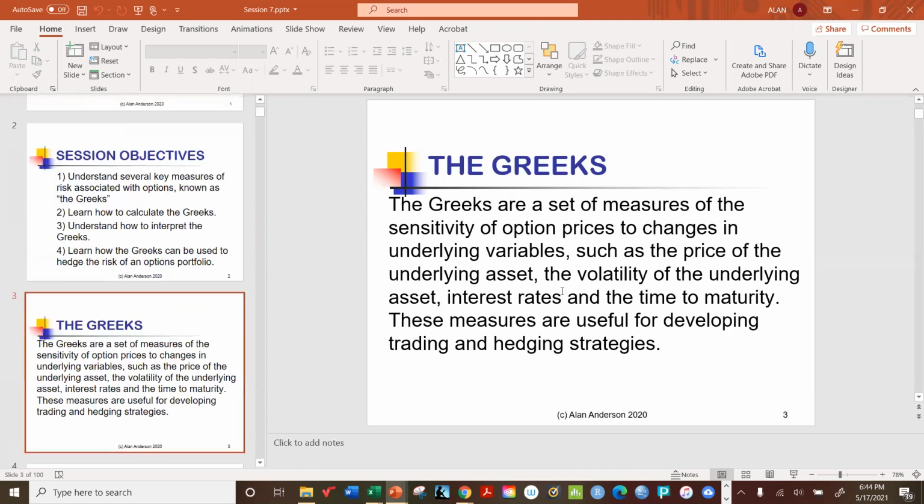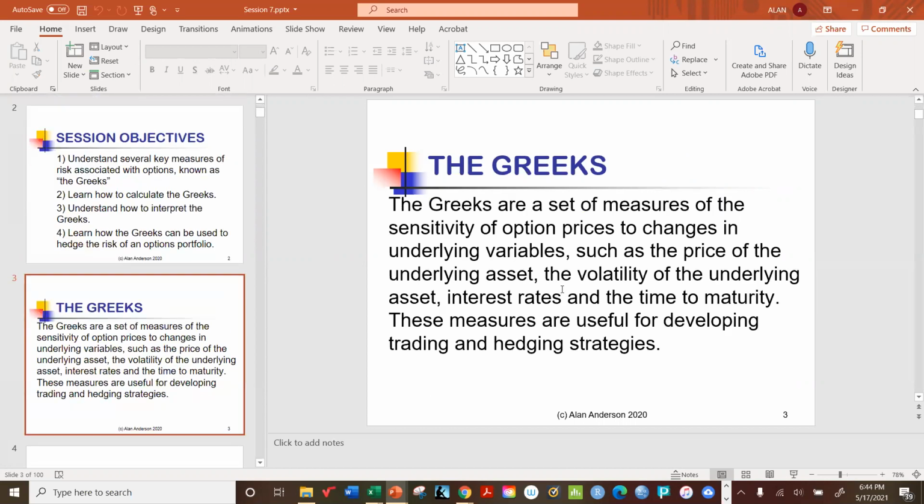Okay, now, these are measures that help us understand the sensitivity of an option's price to changes in underlying variables.